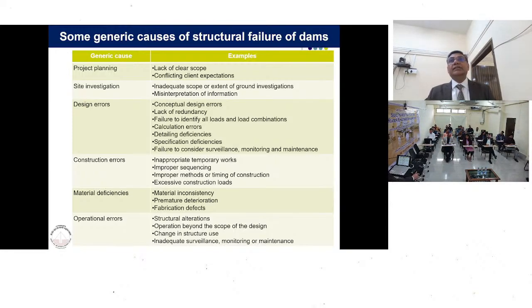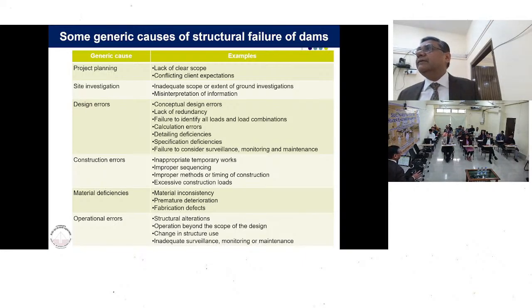You started with conceptualizing a dam as a concrete dam. You created your DPR. Based on the DPR, you went ahead and got the money sanctioned. And where you lagged was in the initial investigation. When you came in for the pre-construction stage, you did your investigations and found out that the foundation which you are planning to bear the load of a concrete dam is problematic.